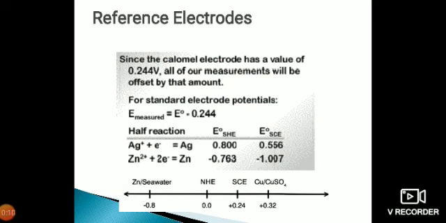Since the calomel electrode has a value of 0.244 volts when saturated KCl is used, all our other measurements will be offset by that amount, because for standard electrode potentials, E measured equals EC minus EA. In such cases, it is E0 minus 0.244, because the standard calomel electrode value is 0.244.